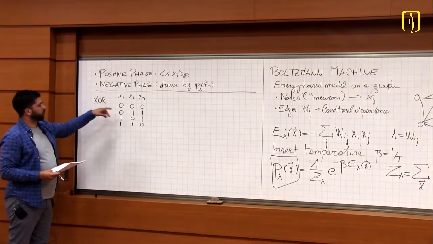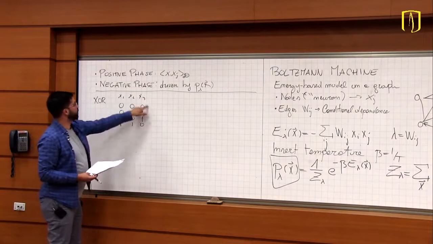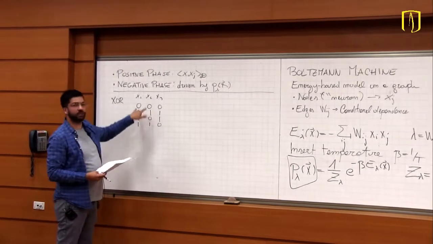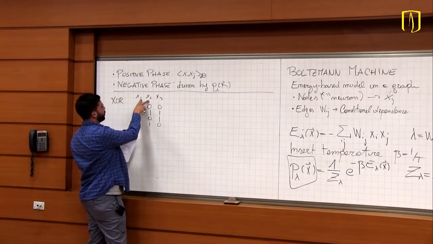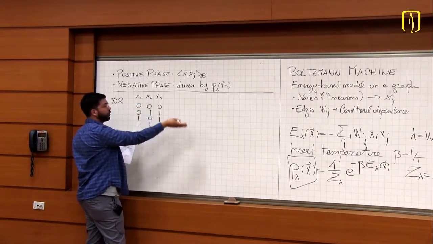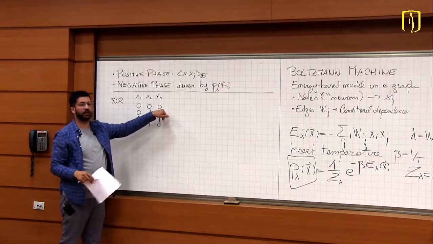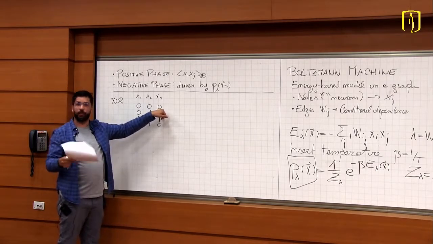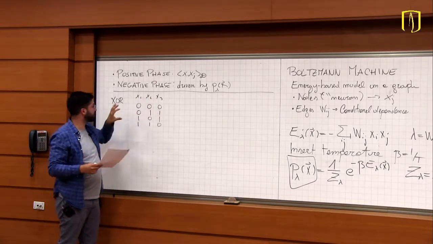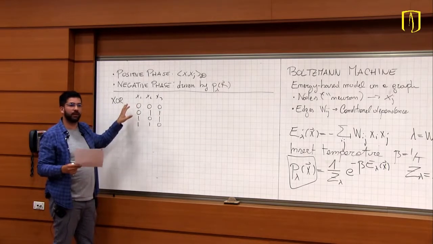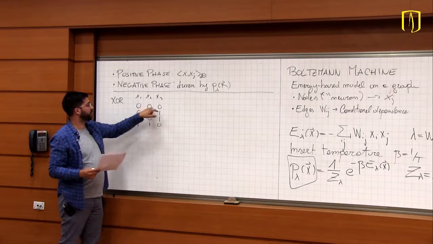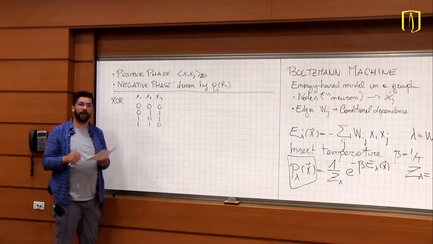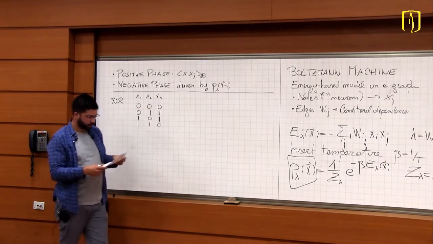Okay, and so what you're asking is, can I build a Boltzmann machine that generates this distribution, so that if I give these two values, the third variable will likely select this one here? And it's impossible, even though it's a very simple function. It can be learned by an RBM because it's a parity and a third order correlation, and the Boltzmann machine cannot.